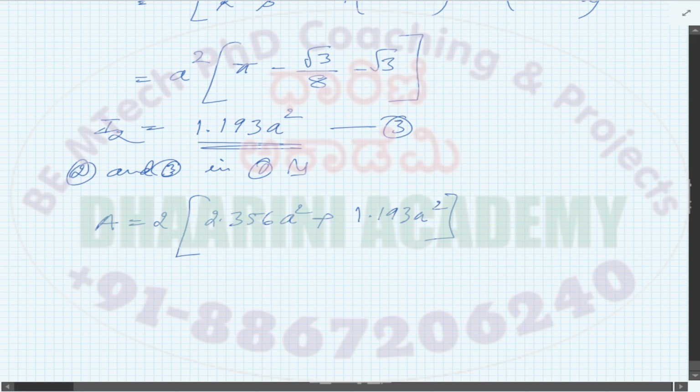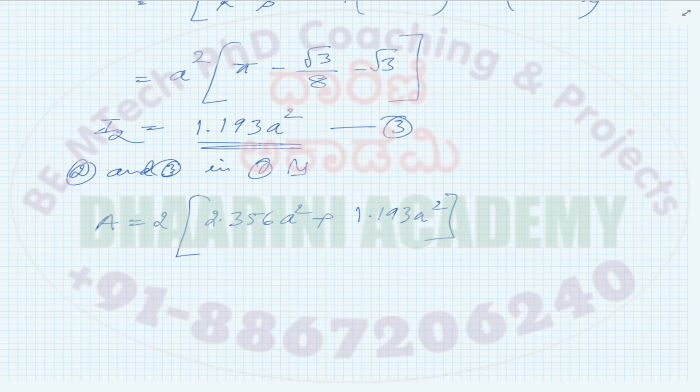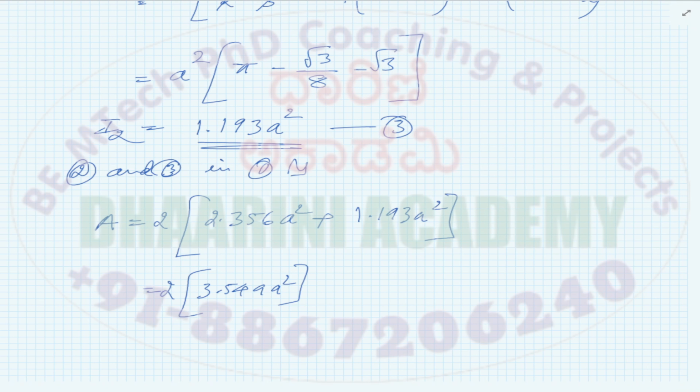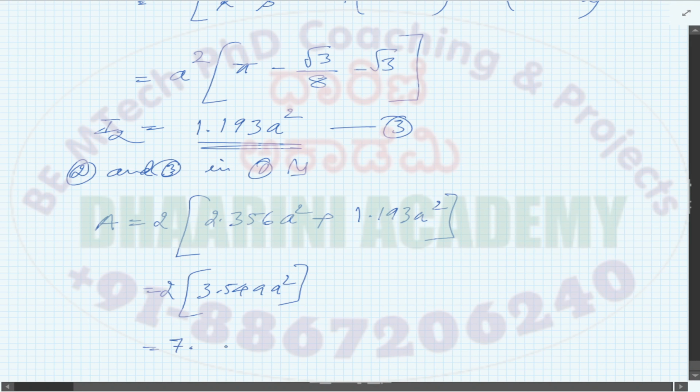So I just have to add 2.356 plus 1.193, that is 3.549. So this is equal to 2 times 3.549 a square. I need to multiply this by 2 now because there is a 2 outside. So that becomes 7.098 into a square, which is the final answer, and this is the required total area.